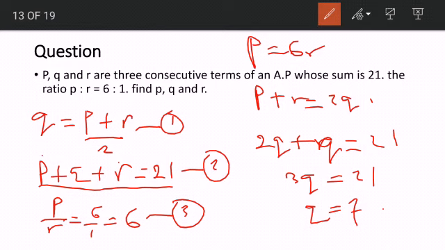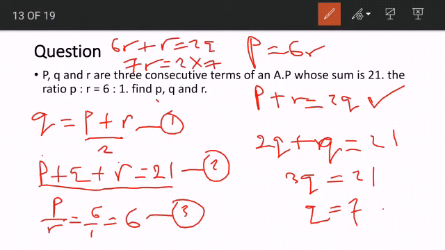Now, if I substitute P equal to 6R into this very equation, I'm going to get 6R plus R equal to 2Q. 6R plus R means 7R equal to 2Q. Remember, we just got Q to be 7. So with that, you see that R is equal to 2 if you divide both sides by 7.